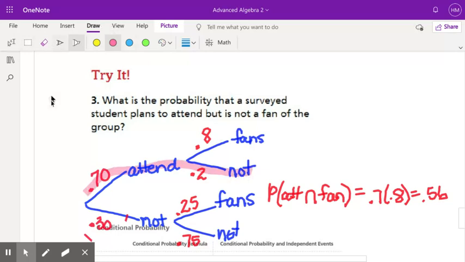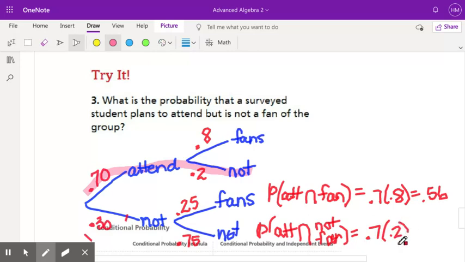So I could say the probability that they attend and they're not a fan. Then I would multiply 0.7 times 0.2. That would be 0.14.